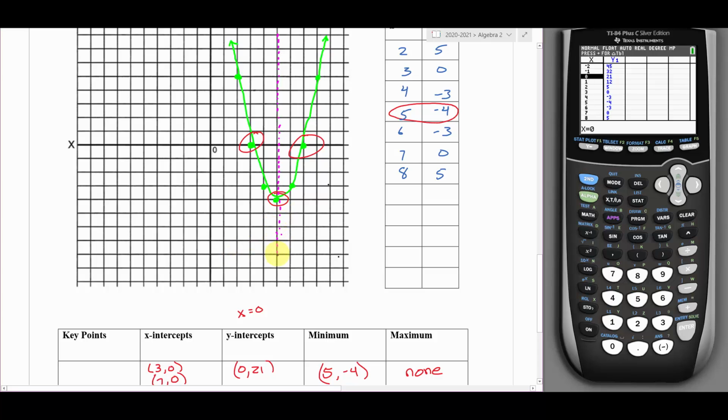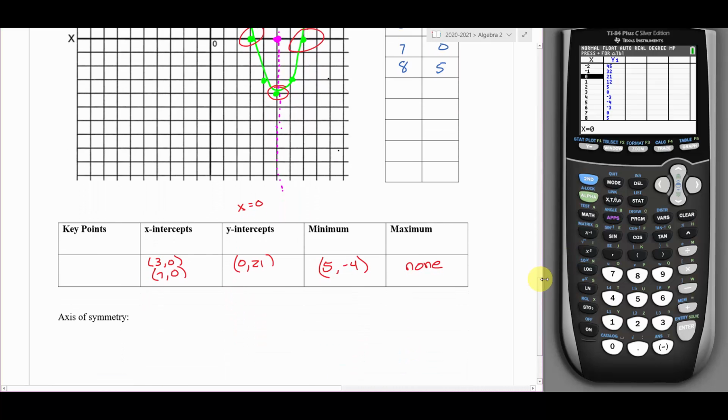So you can see me drawing it in here, and this is where I would make that fold. So if I were to fold my parabola in half along this line, this part of the parabola on the left side would land right on top of the right side. That's how I know I have symmetry. Okay, so that line occurs right here. That fold line, that is your axis of symmetry, and that fold line passes through the x-axis here at 5.